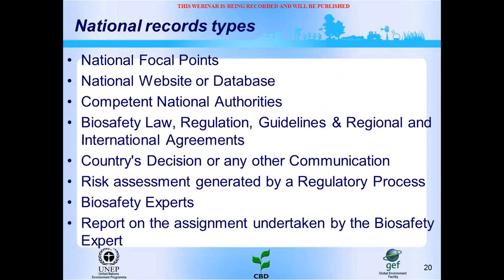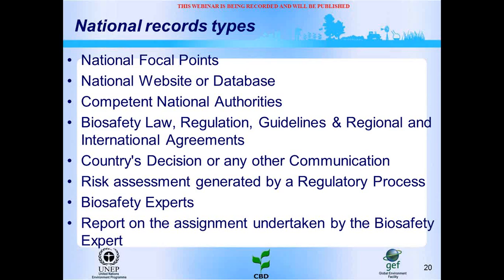What are the different national record types? According to the Cartagena Protocol, there are several types of information that should be registered by the countries, like national focal points, websites or databases associated with biosafety, information about competent national authorities, the laws, regulations, guidelines, and international agreements that the country has in place regarding biosafety, countries' decisions, and communication.